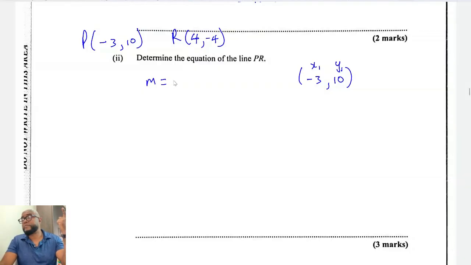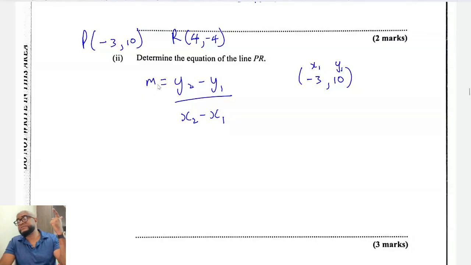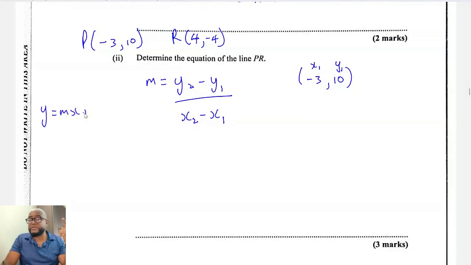Give me the formula. y2 minus... Ronaldo, you know what m signifies? Gradient. I see you watching it. I'm trying to find the gradient because I want to write it in the form y is equal to mx plus c. Ronaldo, this is your gradient.